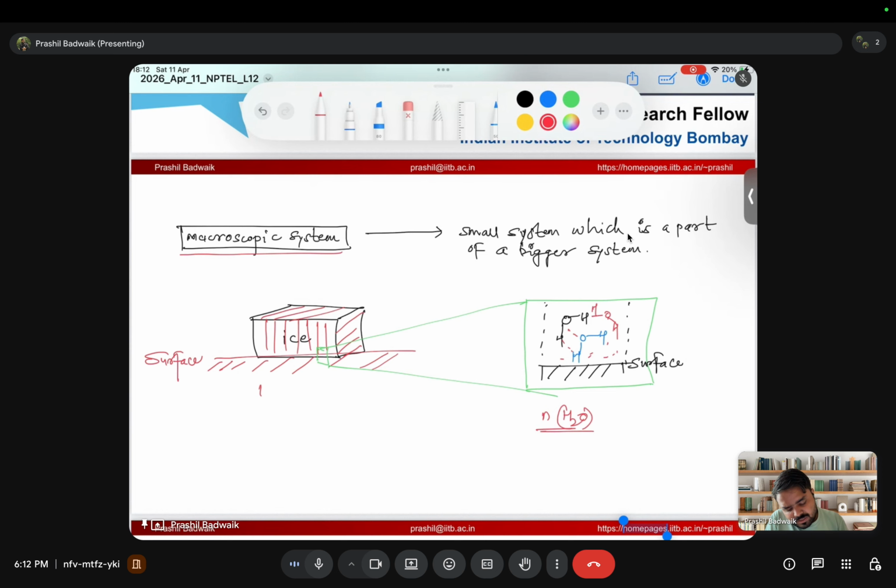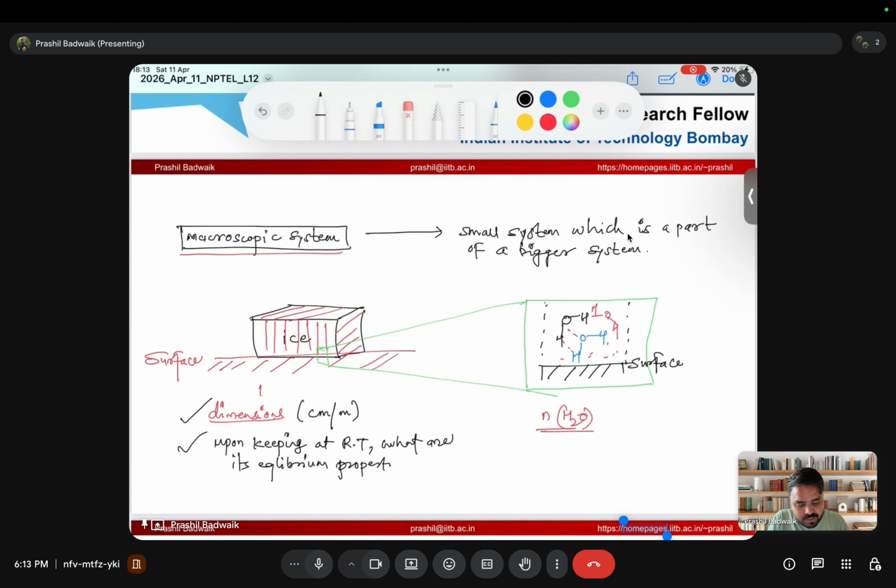What are the dimensions of this system? You would find that it's in centimeter or meter. And if I want to study how it melts and, after a certain time, when it comes to equilibrium when it is kept at room temperature, what are its equilibrium properties?